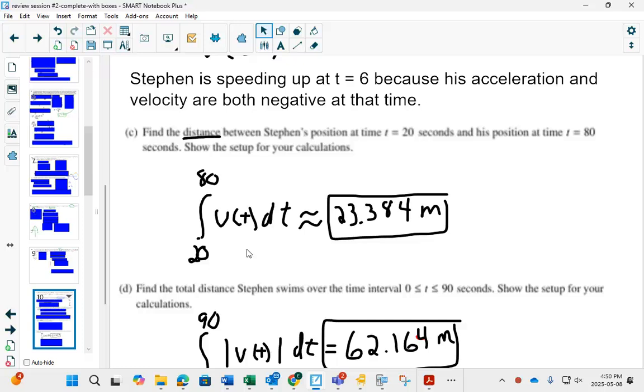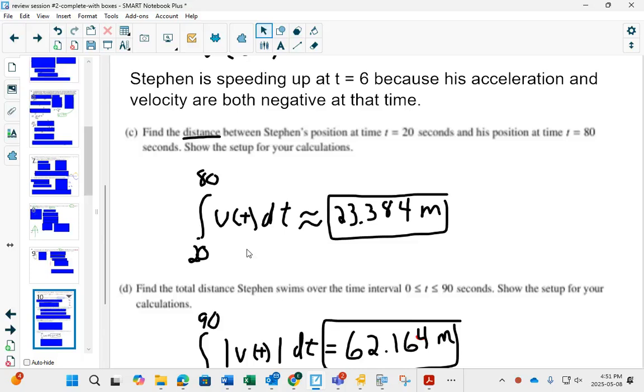What is the distance between my position at time 20, which was here, and my position at time 80, which ended up here? What's the distance between those 2 positions? Not how far did I travel to get there. So I find this question uses the word distance, but it's asking you a displacement question. That's just messing me up. That's definitely going to mess somebody up, right?